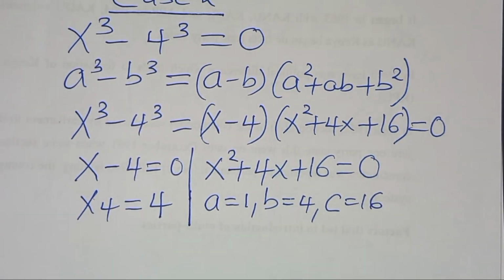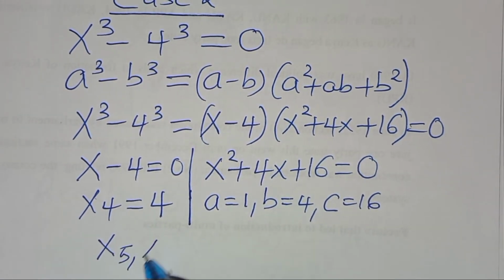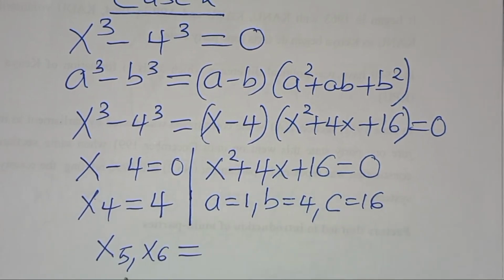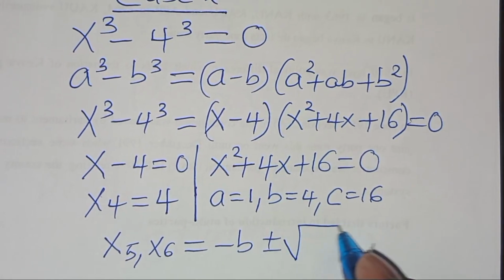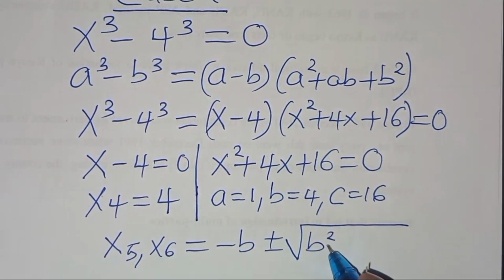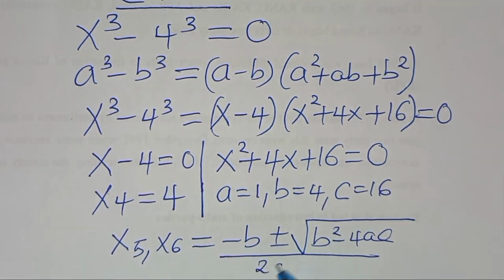So that means that we can solve for x5, x6 by applying the quadratic formula, which is minus b plus or minus the square root of b squared minus 4 times a times c, all this divided by 2 times a.